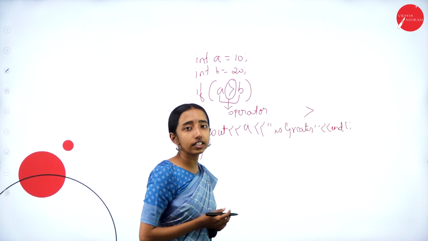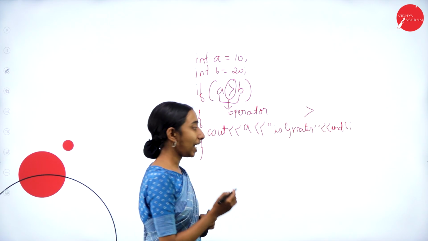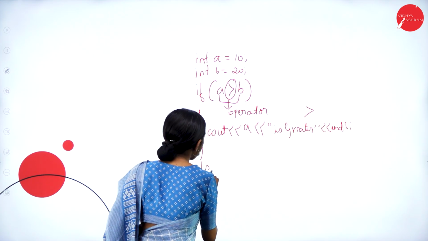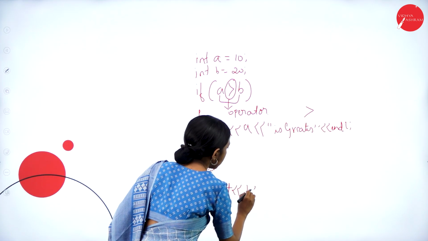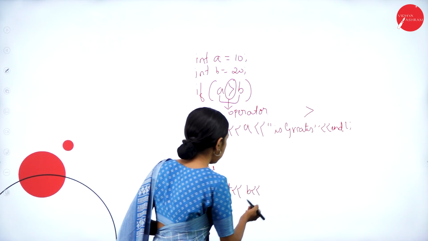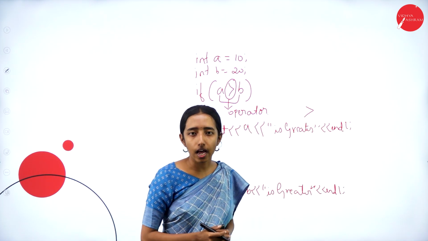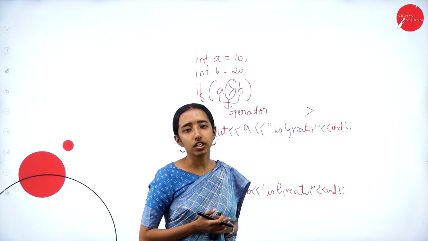If a is not greater, then we should have another statement, right? Else cout b. So if a is not greater, then b is greater. This is a simple example to demonstrate the relational operator.